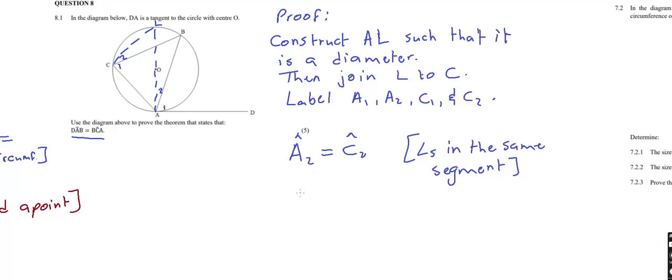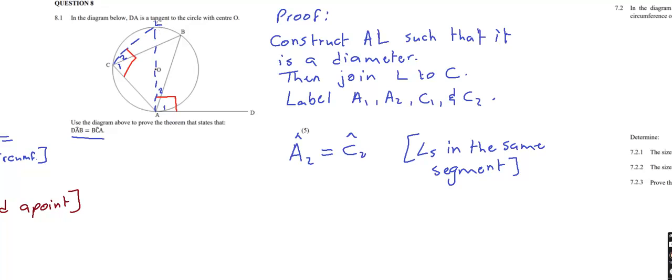So another thing we should note, since we said we are constructing AL such that it is a diameter, it means that this is going to be a 90 degrees. Also, this is going to be a 90 degrees. Because if this is a diameter, there's a theorem that says that diameter is perpendicular to radius, to tangent, tan perpendicular to diameter.